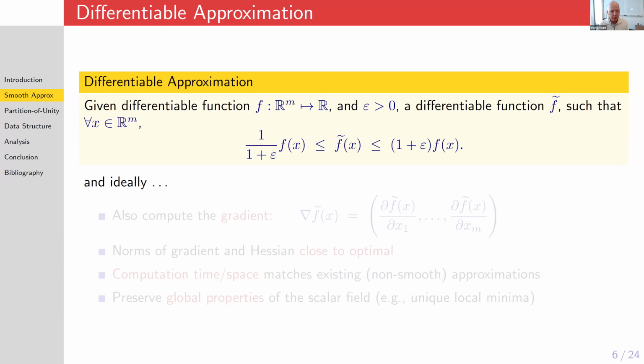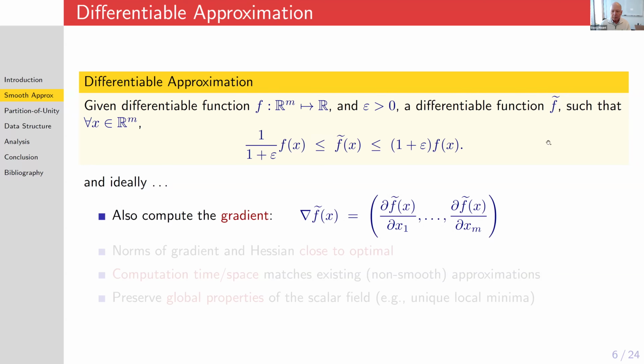Okay, so here's the question that we want to consider kind of generically. Assuming I'm given a differentiable continuous function from real m-dimensional space to real space and some error bound epsilon, I want to produce a differentiable function f tilde that is an epsilon approximation to my original function, in the standard sense.